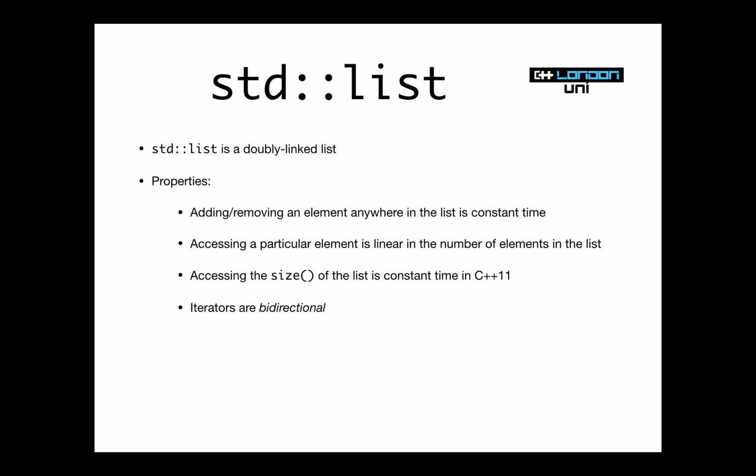So for a doubly linked list, iterators are bidirectional. In our analogy, I've said that each house knows the address of the next house. In fact, in a doubly linked list, each house knows the address of the previous house in the chain as well. So it's a chain of links, a list of links, a linked list.